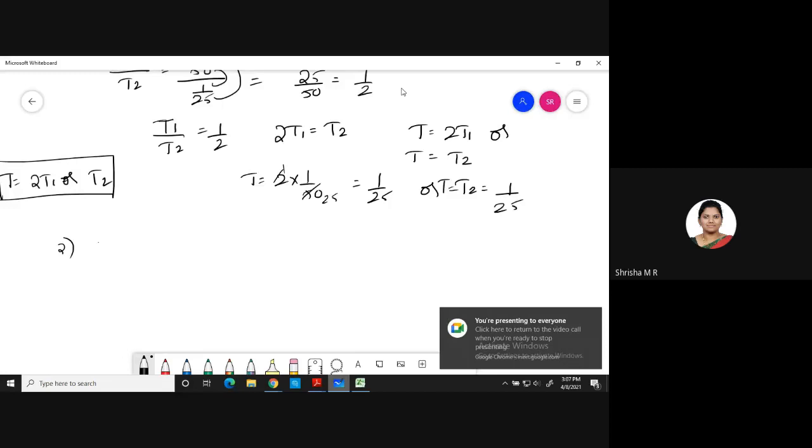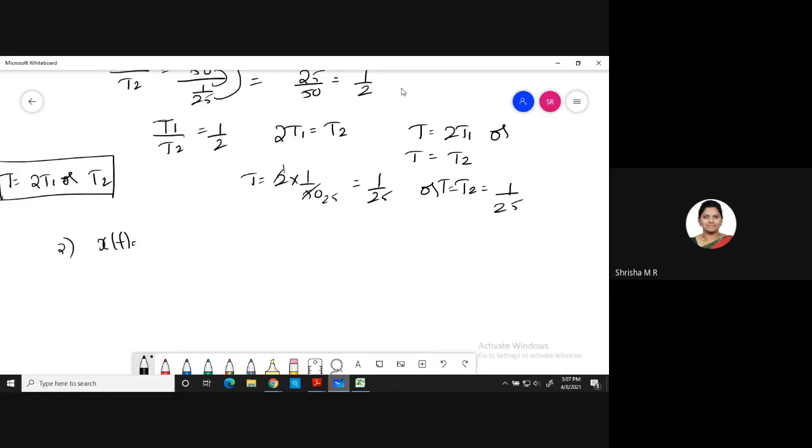So here you have x of t is equal to 2 cos 100 pi t plus 5 sine 50 t. Try to solve in the same way. This is the first part of the signal, this is the second part of the signal. So what is omega 1? It is 100 pi. And what is omega 2?